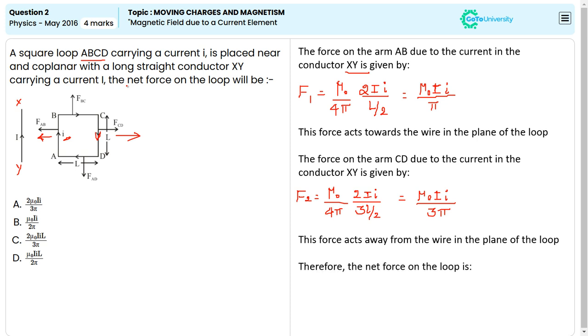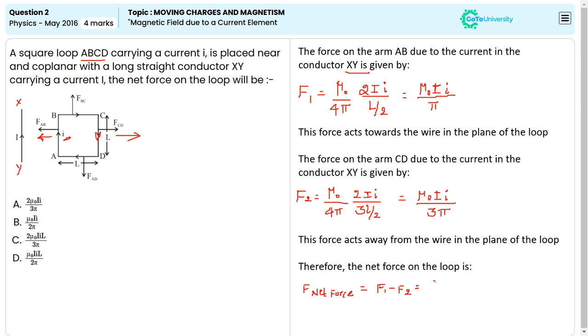Then the net force on the loop, F net, is equal to F1 minus F2.